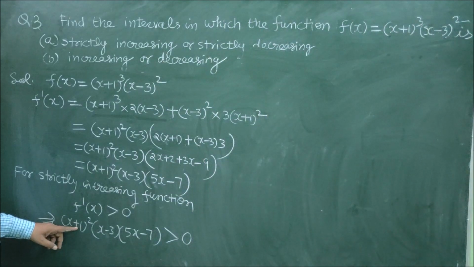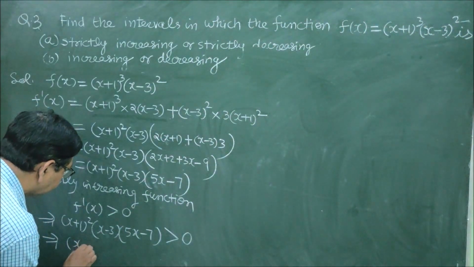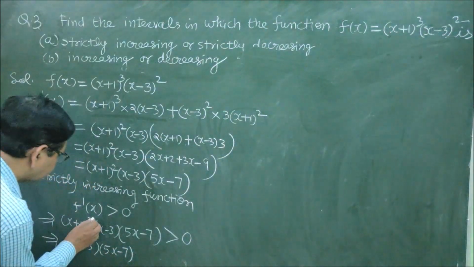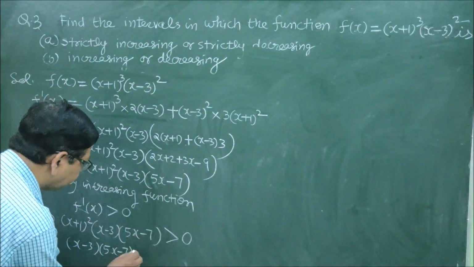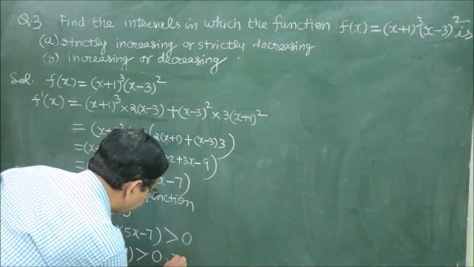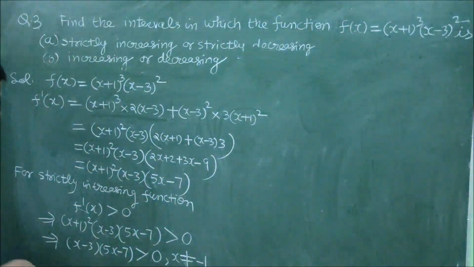It is positive except for x equal to −1. So we can reduce this: if (x − 3)(5x − 7) is positive, then the inequality holds, except for the point x not equal to −1.